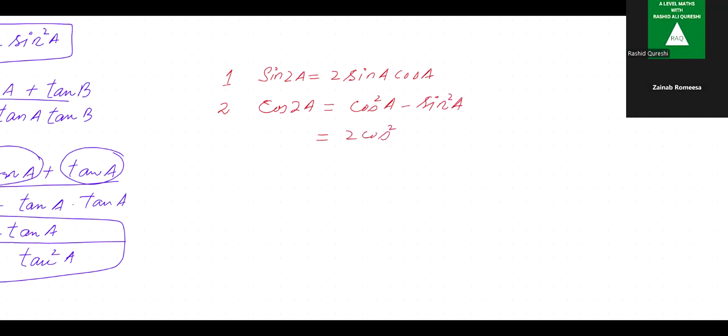Third formula is 1 minus 2 sine square of A. So for the expansion of the cos in the double angle, we have three results. And the last formula is tan of 2A is equal to 2 times tan of A over 1 minus tan square of A.